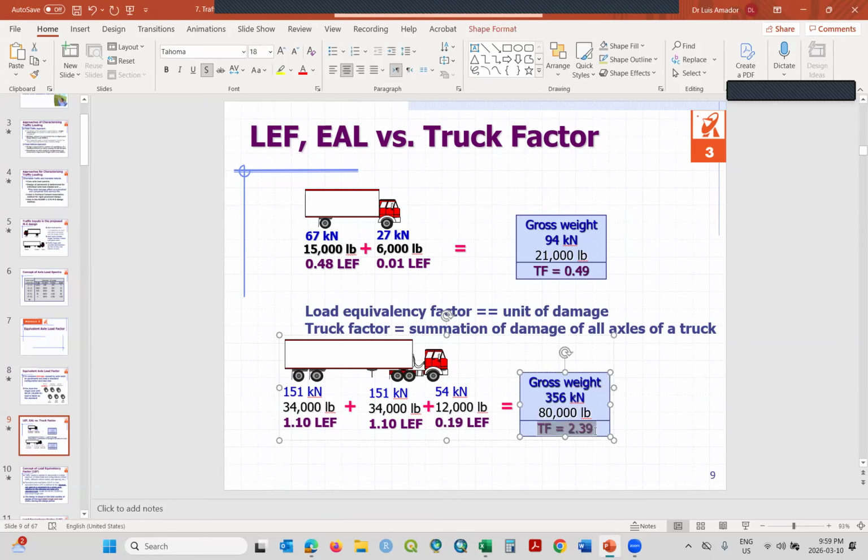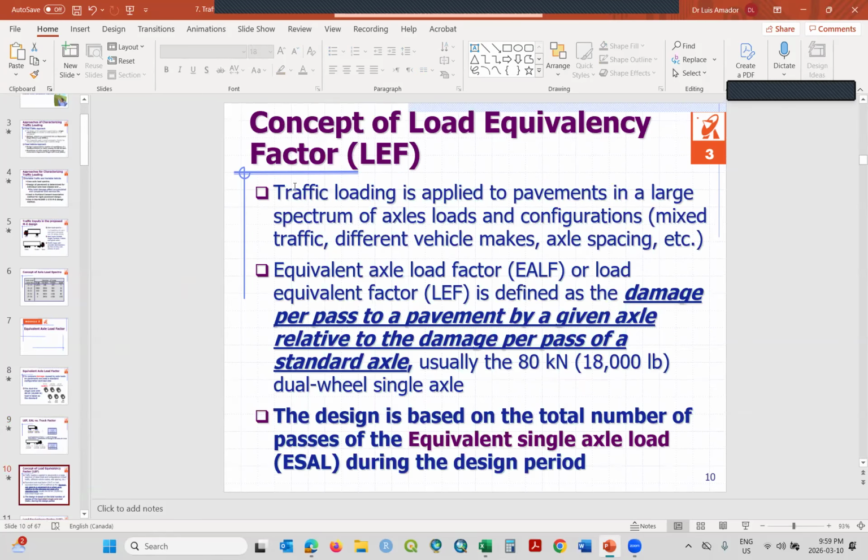So this truck produced 2.39 units of damage when it passed over a pavement, while this truck produced 0.49 units of damage. Is this clear? We're just trying to convert everything into units of damage. And that is the concept of the load equivalency factor.